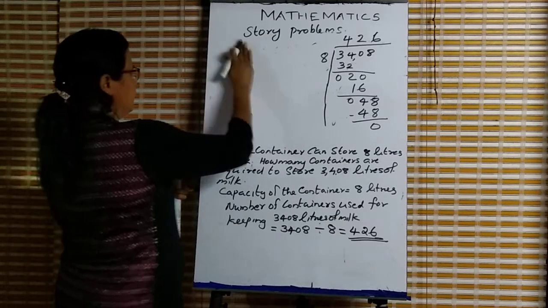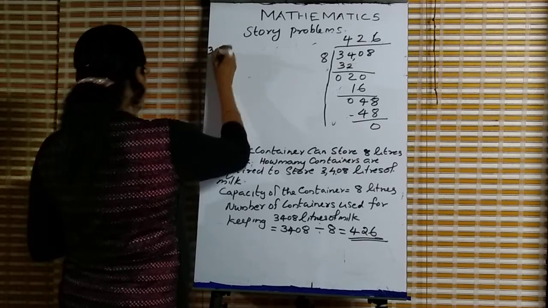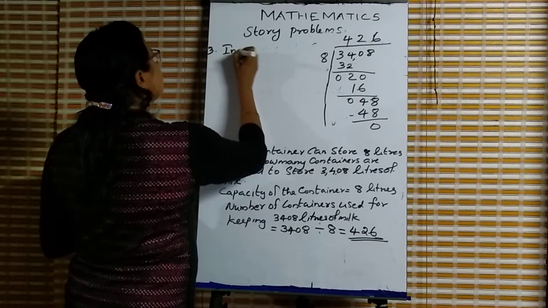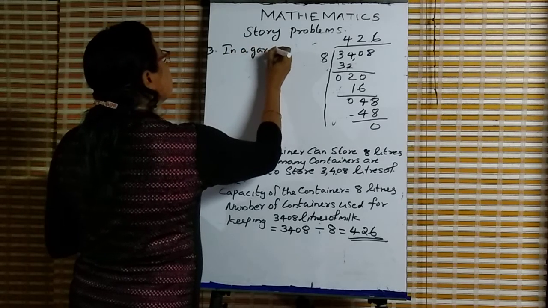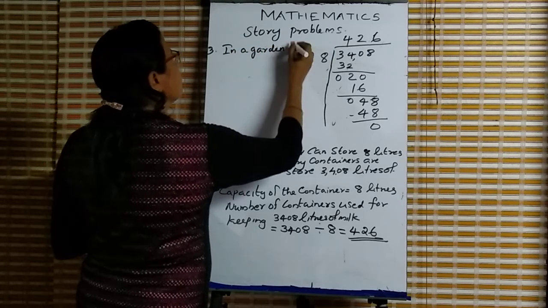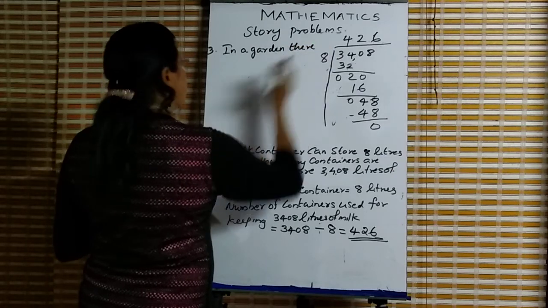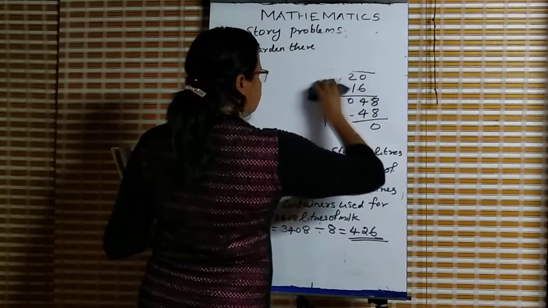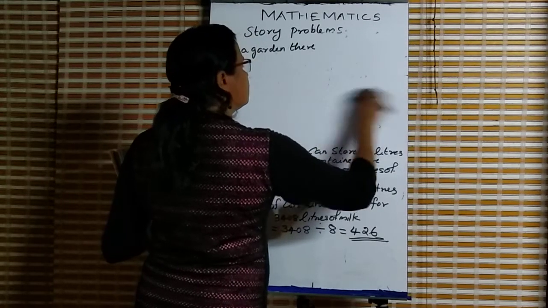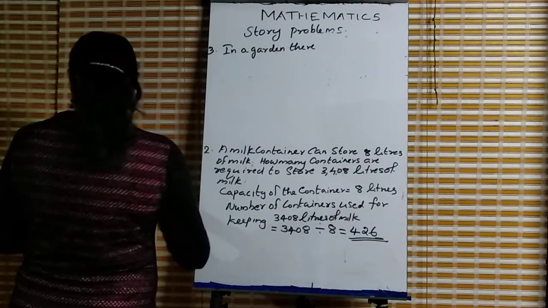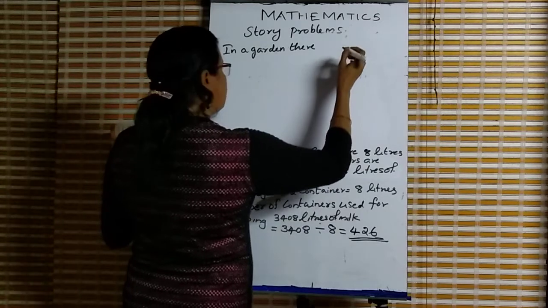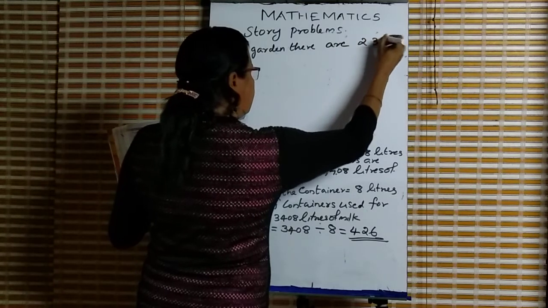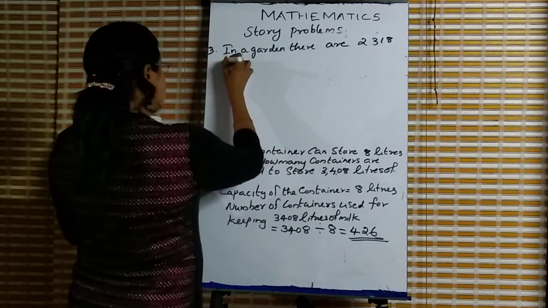Now question number 3. Write this in your notebook. In a garden, there are 2318 trees.